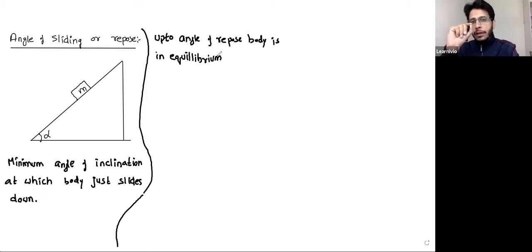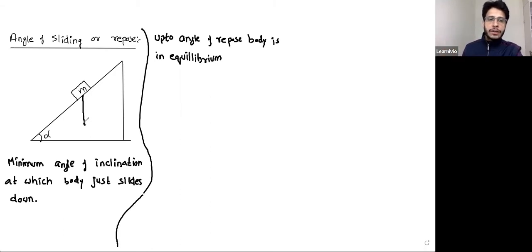If you increase your angle just a little bit, like if your angle is 20.001, then the body starts sliding down. I'm repeating again: up to the angle of repose or angle of sliding, your body is in equilibrium. If you increase your angle even by a small amount, then the body just starts sliding.